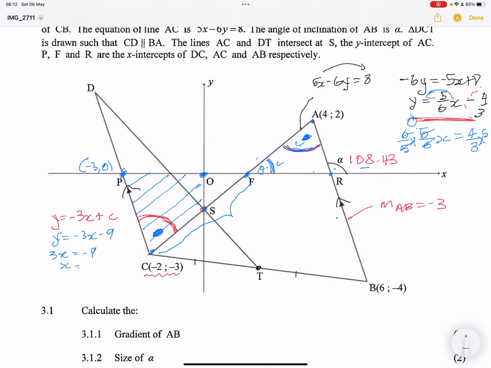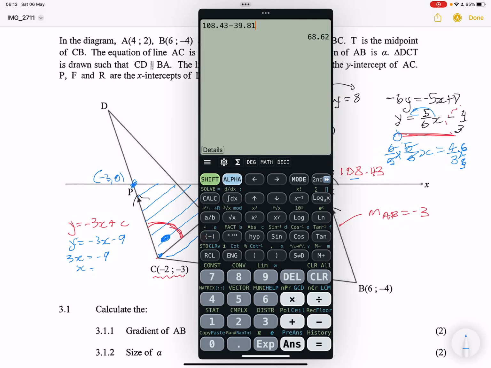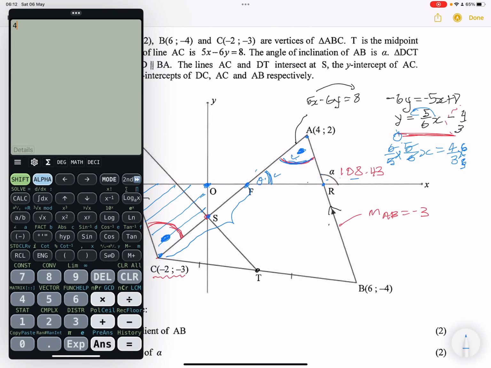What I do on the left, I do on the right. So I have 4 over 3 multiplied by 6 over 5. I get a value of 1.6, or you can say 8 over 5. I'm just going to stick with 1.6. So the x value there would be 1.6 and 0.